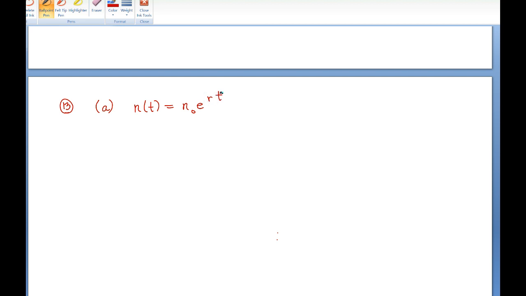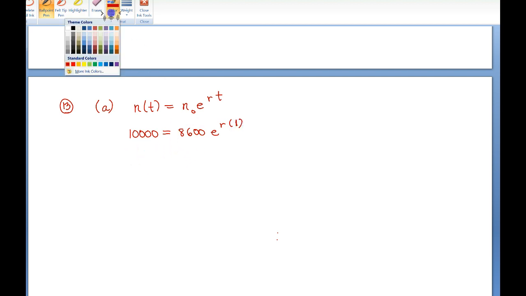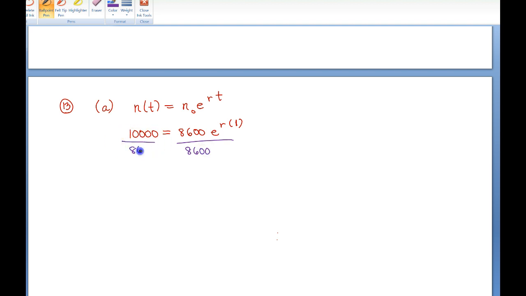Okay, so in order to do this, we need to solve for r first. So I know there are 10,000 after starting with 8,600, and that's after 1 hour, so that's 1. So we're going to divide both sides by 8,600, and that gives us, reduced, 50 over 43. It's going to be e to the r.